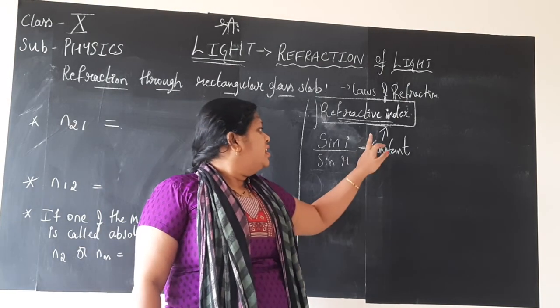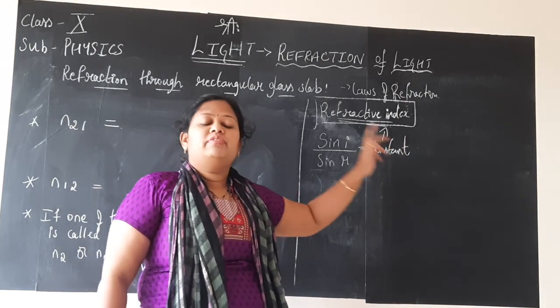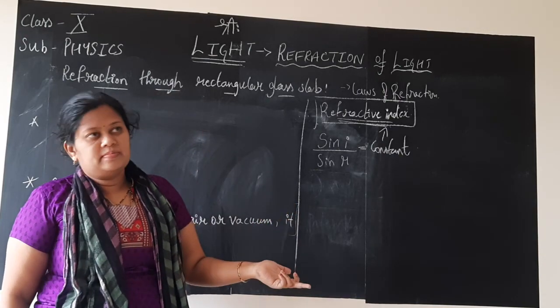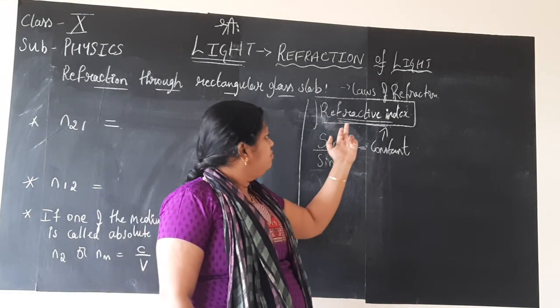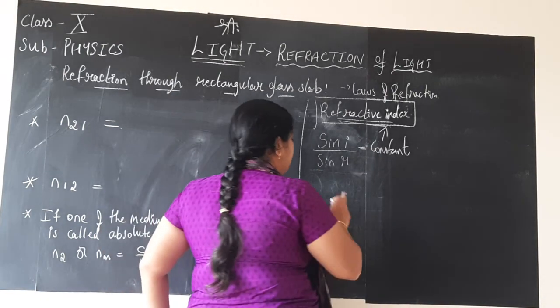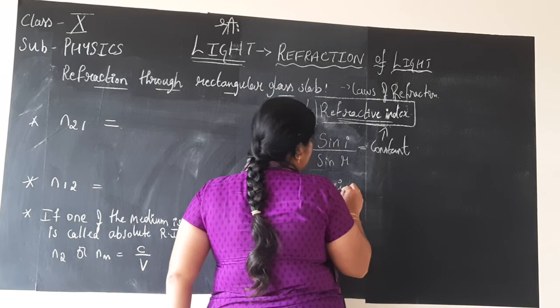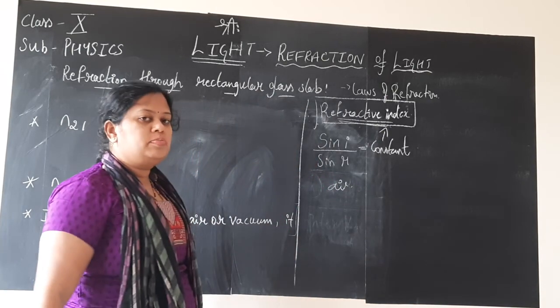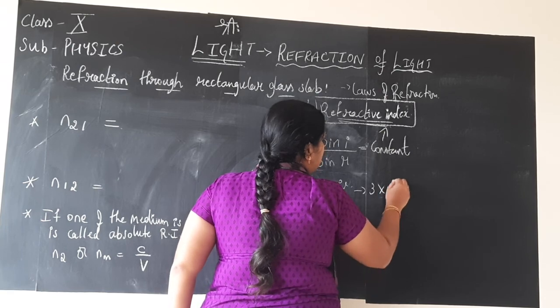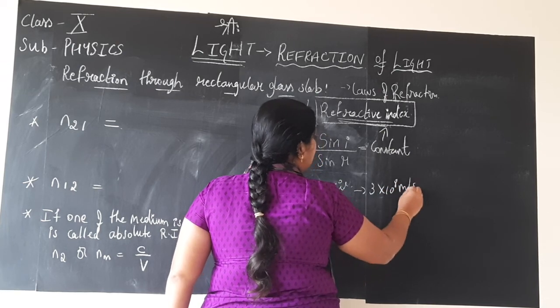So, as the speed of light varies from medium to medium, we define this concept of refractive index. The speed of light in air is 3 into 10 to the power 8 meter per second.